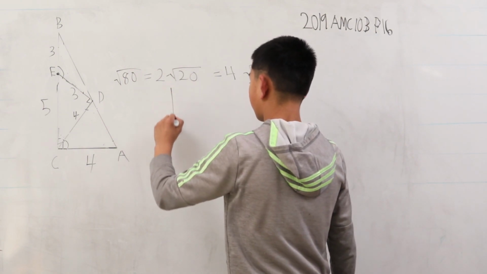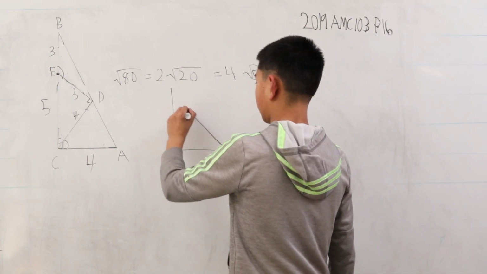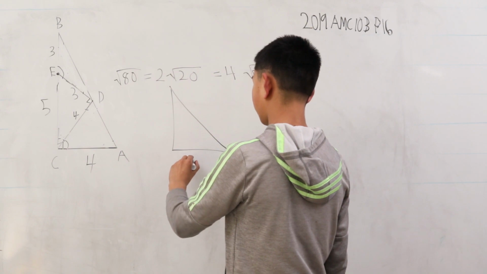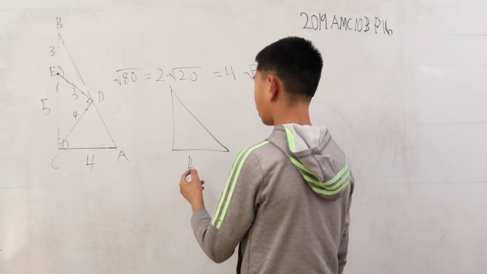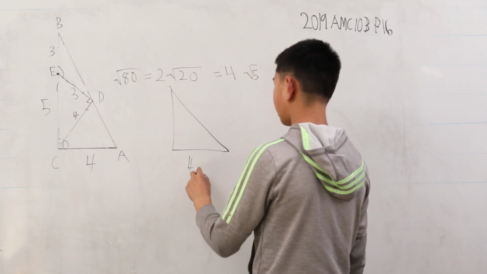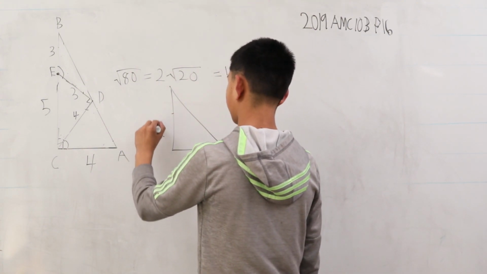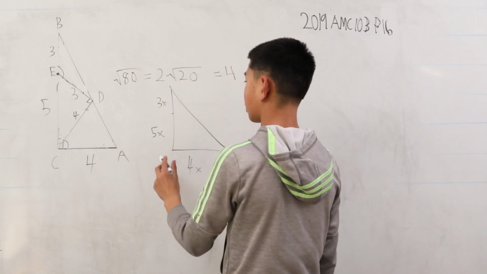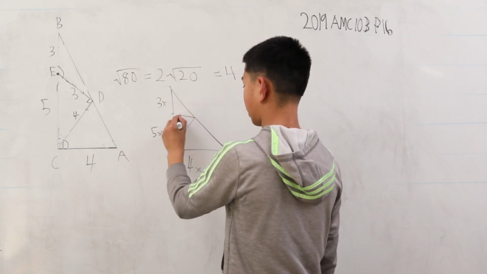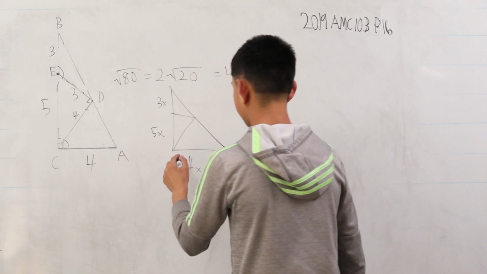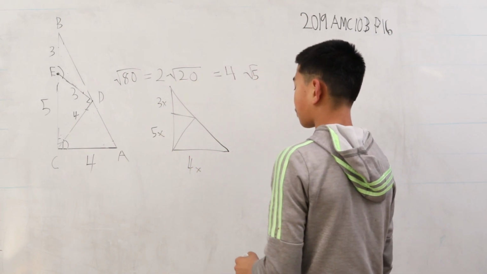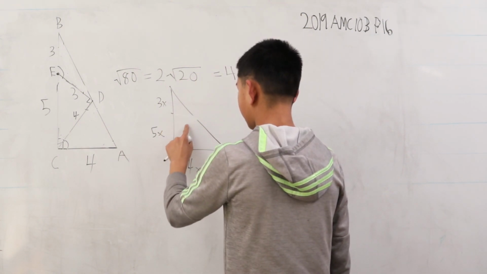Now we want to redraw it in a way. We still have 4 something. We don't know if this is actually 4, so let's just use variables: 4x, 5x, and 3x. Since there's a right angle at that point, it's not drawn to scale, but we don't really want these lines anymore.